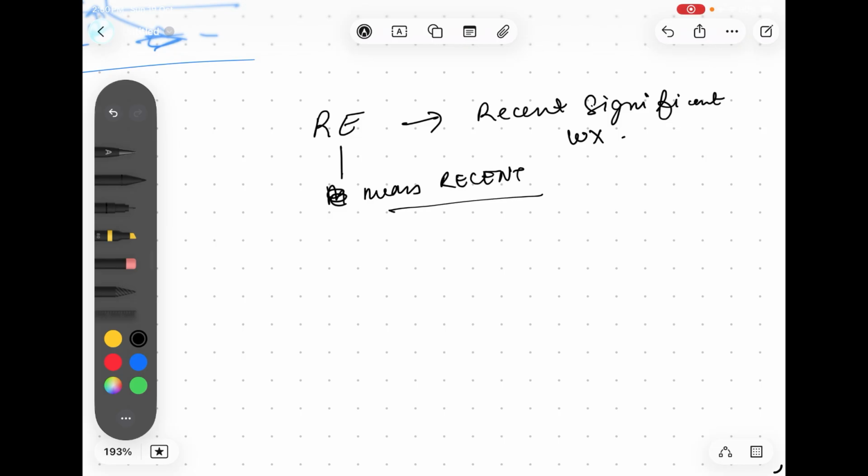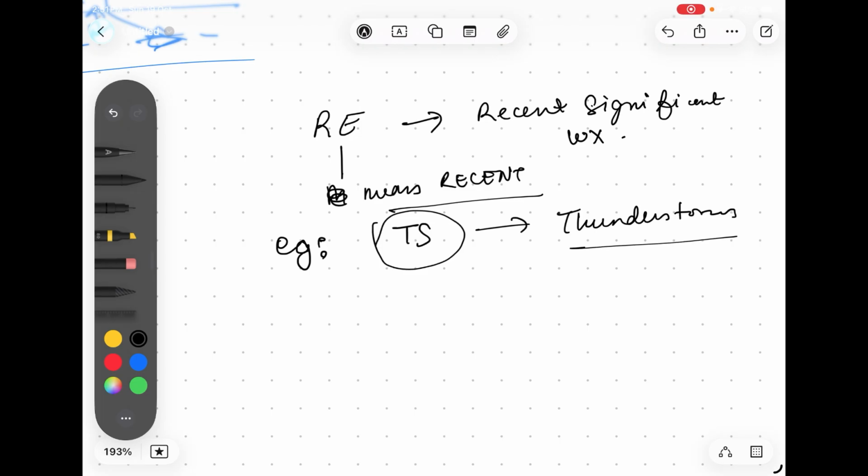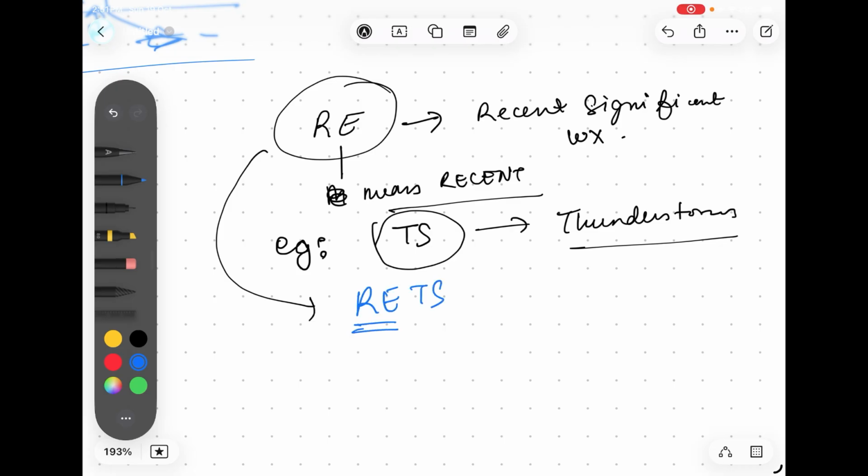It might be mentioned in a METAR. Okay, and for example, TS in the weather group means thunderstorm. So how is this used? This term is used as RETS. So this RE means recent thunderstorm. So this is how it will be written in a METAR. So when it's written RE, you need to know that it means recent.